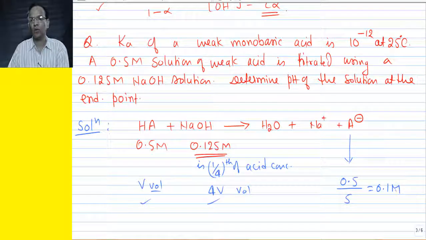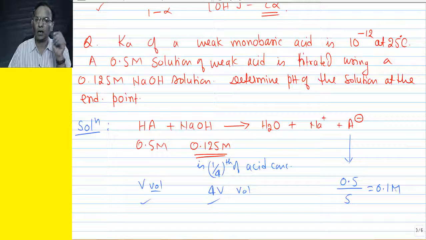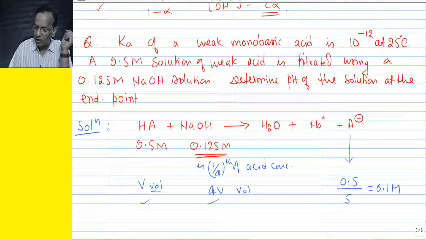That is the first point where students usually make mistakes. So manipulate the concentration properly to find out the concentration of conjugate base at the end point. So concentration of A minus is 0.1 molar.